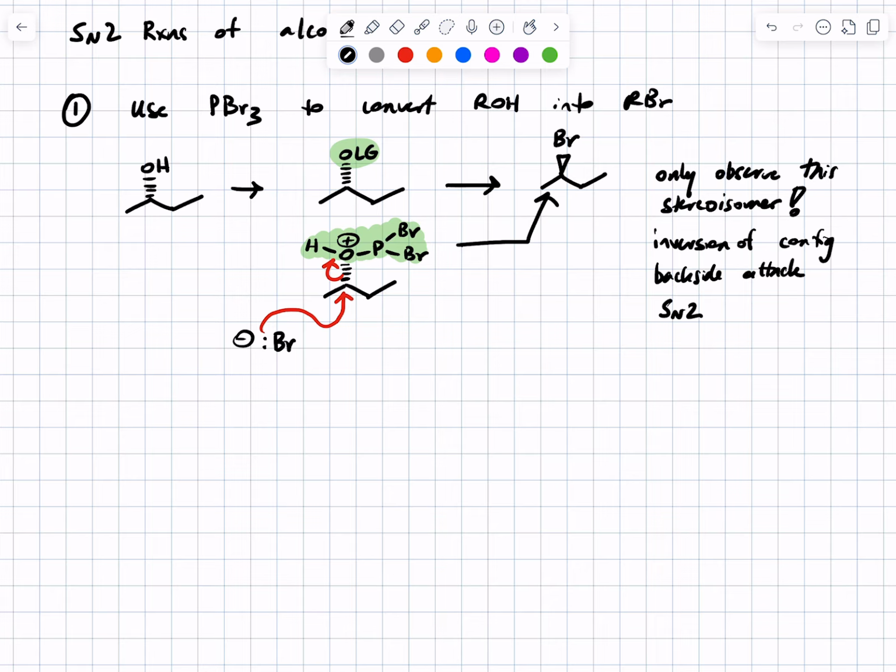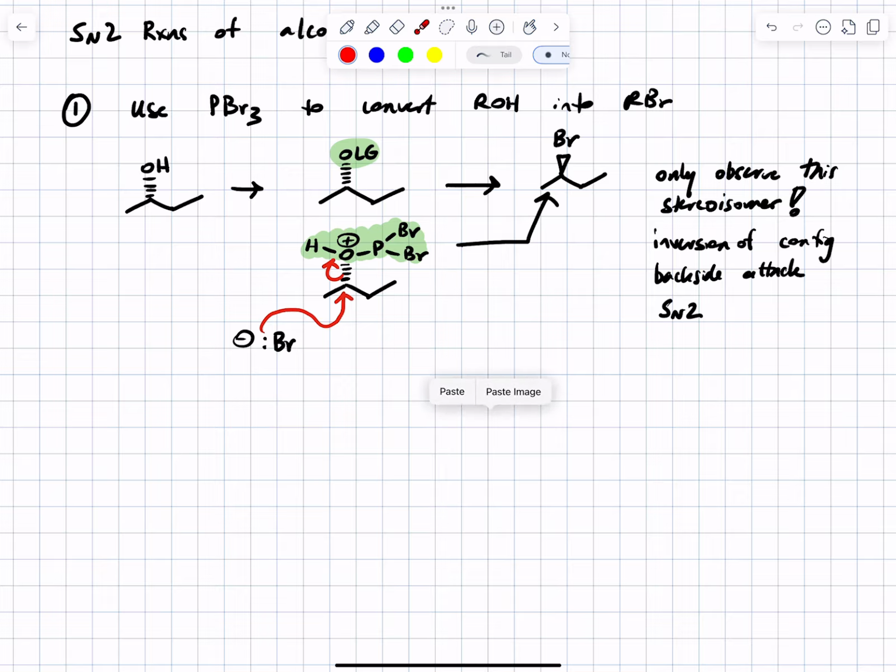You don't need to know how to get from the alcohol to this leaving group, and you don't even need to know what the structure of that leaving group is. So long as you know that PBr3 turns OH into a good leaving group, but then that Br minus attacks from the backside and you get SN2 chemistry.